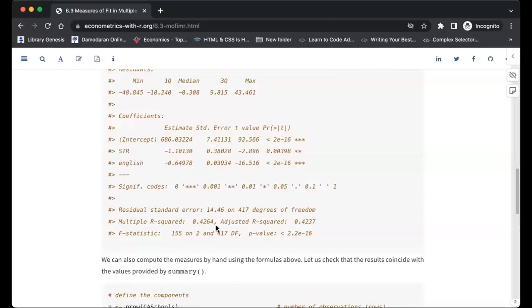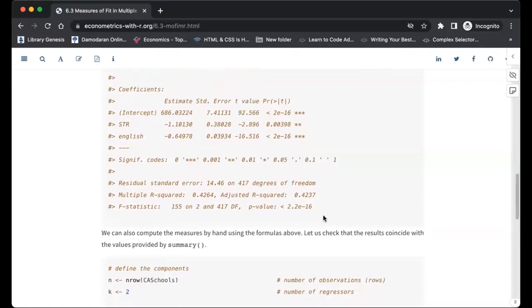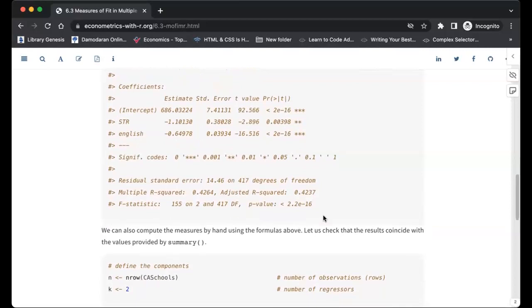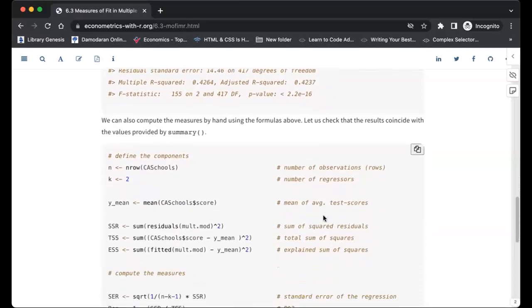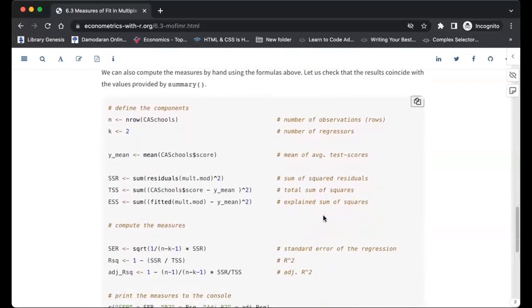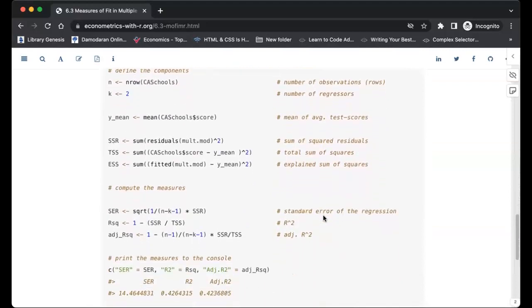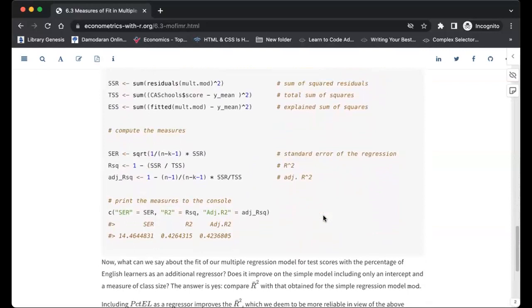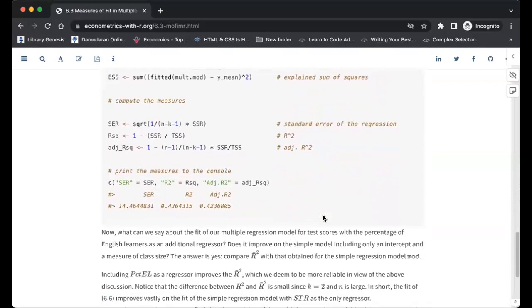The difference is really small, but we could see the adjusted R squared is a bit less than the R squared. We could also do this manually, but there is no point in that since the summary output will give us this automatically.